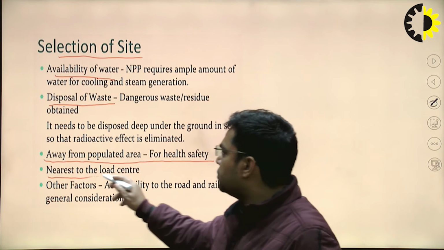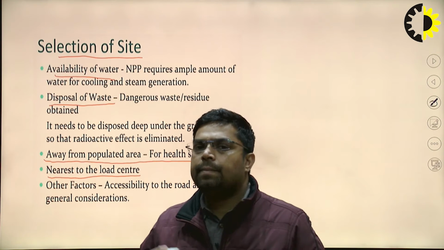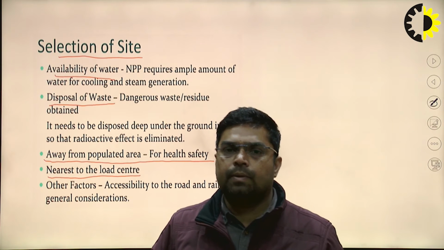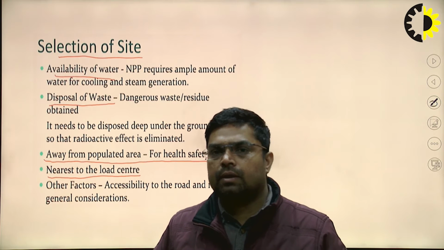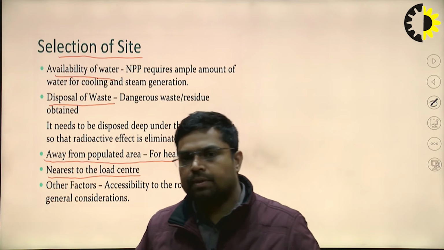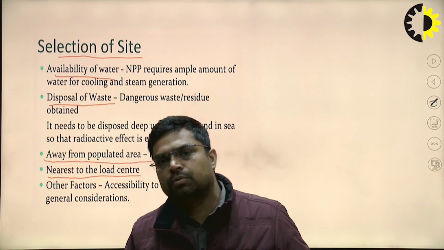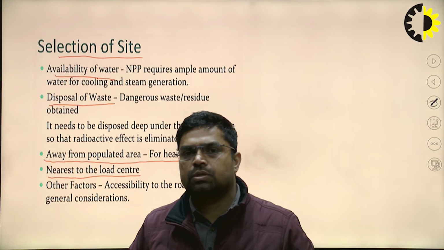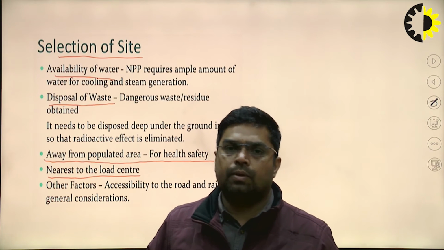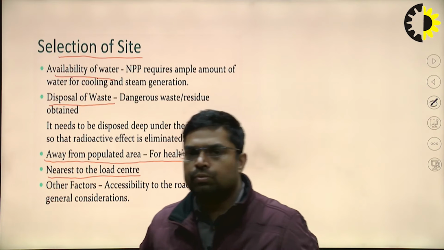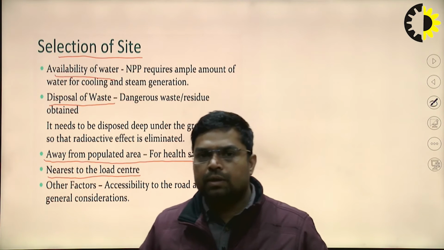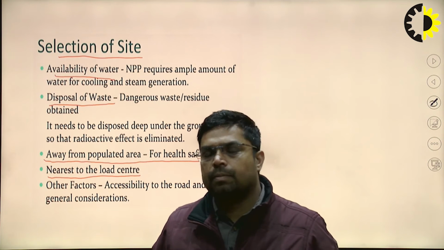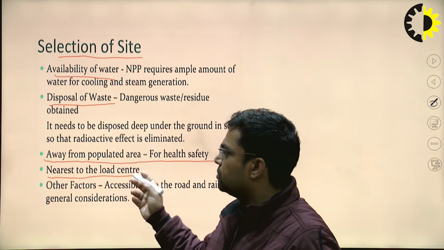Another one is nearness to the load center. If we put the plant far away from the load center, the transmission and distribution costs and equipment costs will increase, so to reduce this capital cost, we generally prefer to place any power plant nearest to the load center.